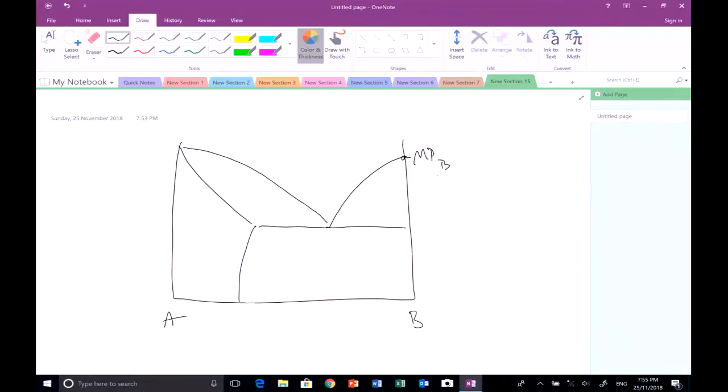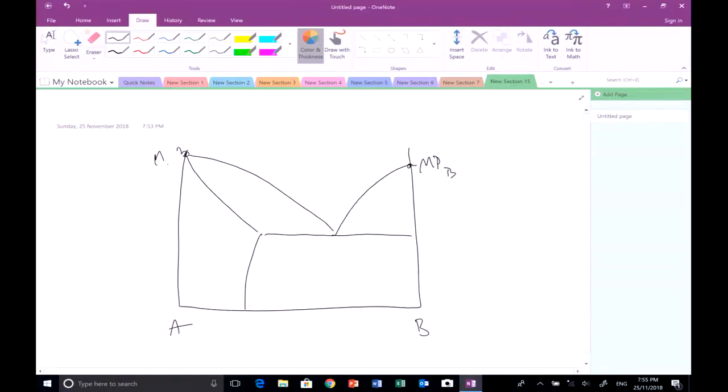What's the maximal temperature for solid state densification of A? What is it? Melting point of A. Okay. Solid solution. There's a big solid solution there of A, we could call it alpha, or A sub SS.